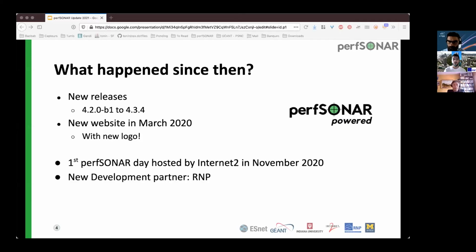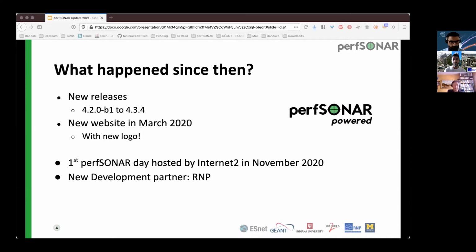We also had a new partner joining the perfSONAR international collaboration. This new partner is RNP, the Brazilian Research and Education Network.